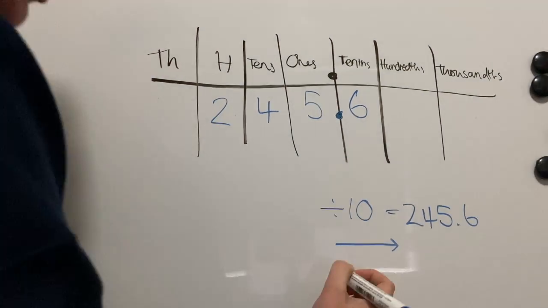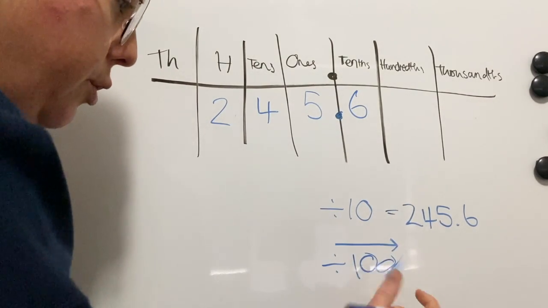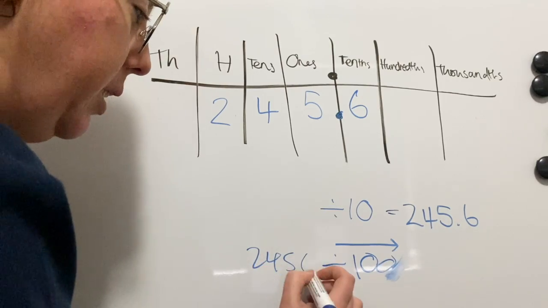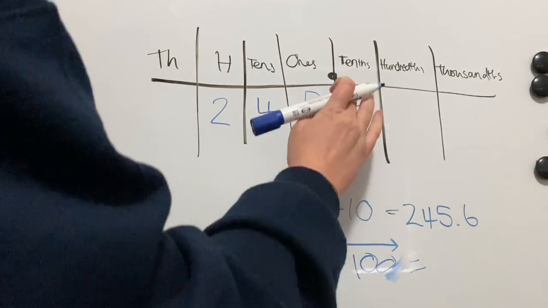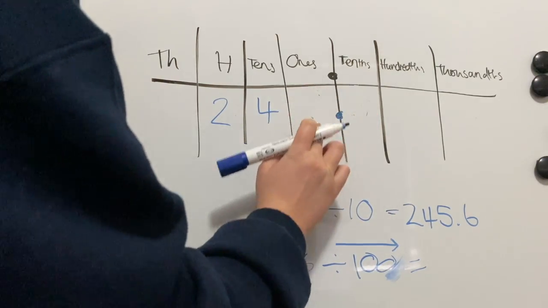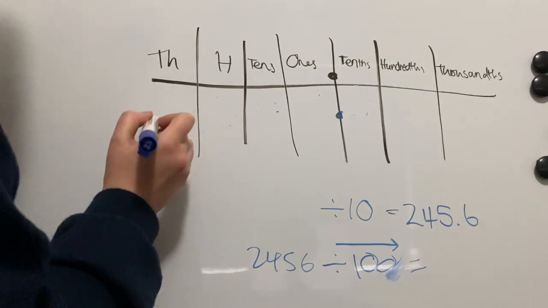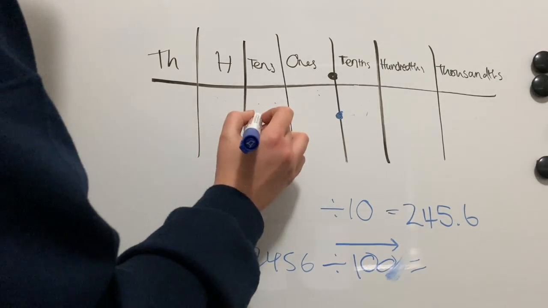If I'm then going to divide the original number by 100, so it was 2,456, then everything would move 2 place value columns from its original position. The 2 was, of course, in the thousands, so 1, 2.